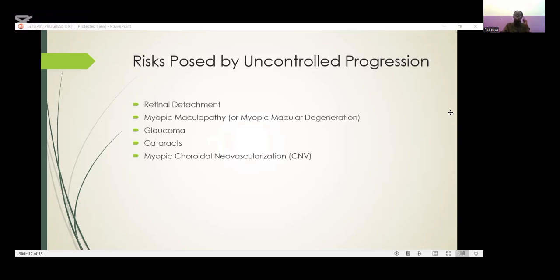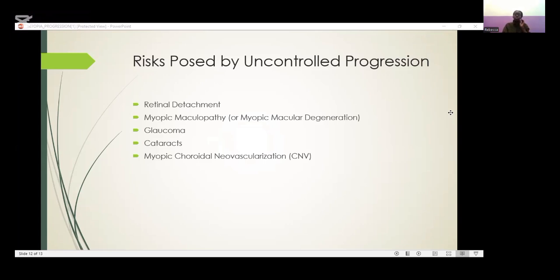We would have myopic maculopathy or myopic macular degeneration, which will end up affecting the tissues and the blood vessels at that point. And then studies have also indicated that glaucoma and early cataracts have been related to increased axial length, which is myopia progression.